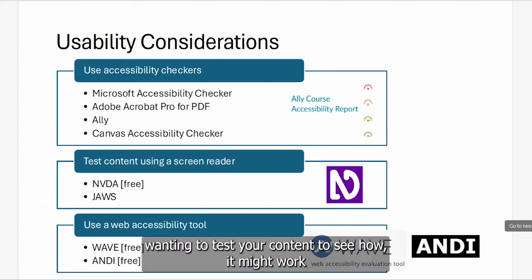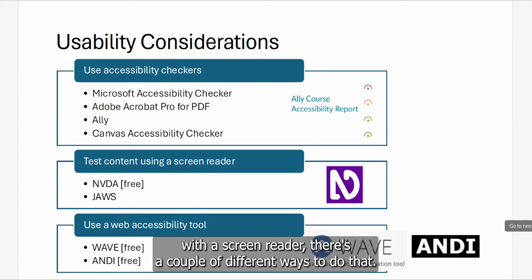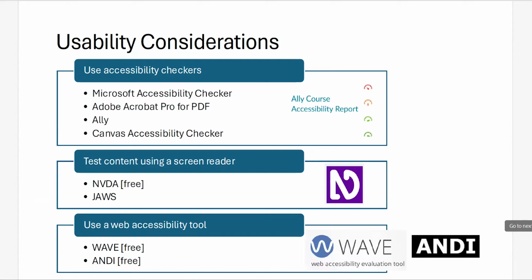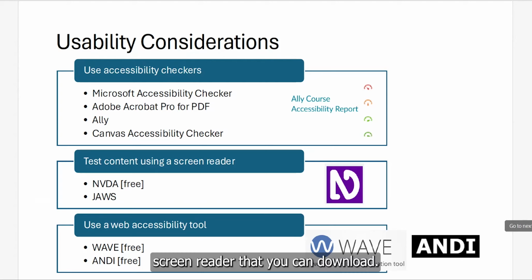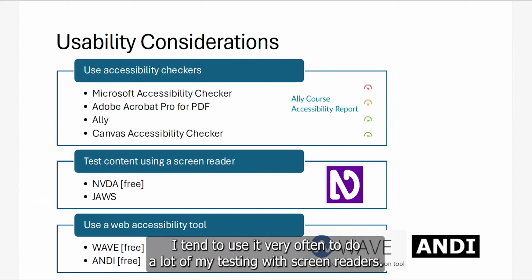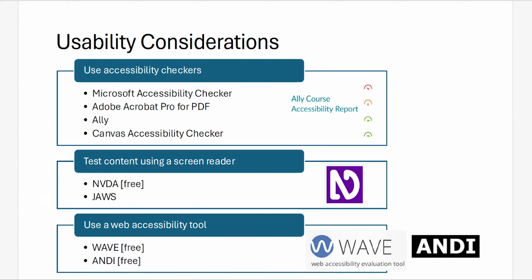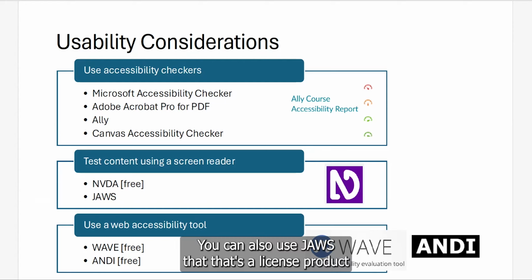Now, if you're wanting to test your content to see how it might work with a screen reader, there's a couple of different ways to do that. NVDA is a free screen reader that you can download. It's great. I tend to use it very often to do a lot of my testing with screen readers. You can also use JAWS.